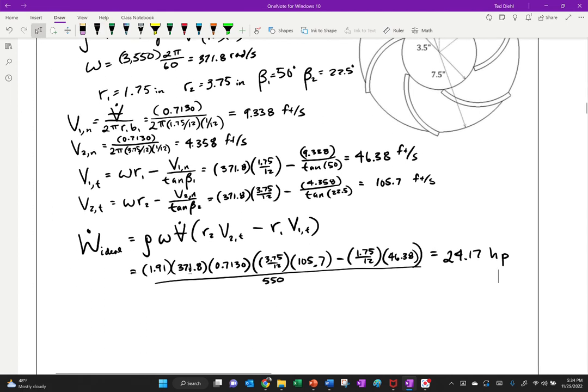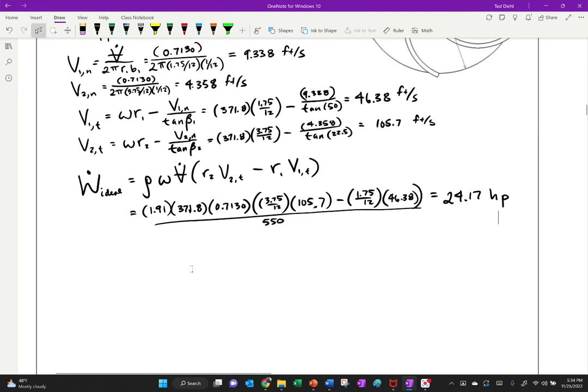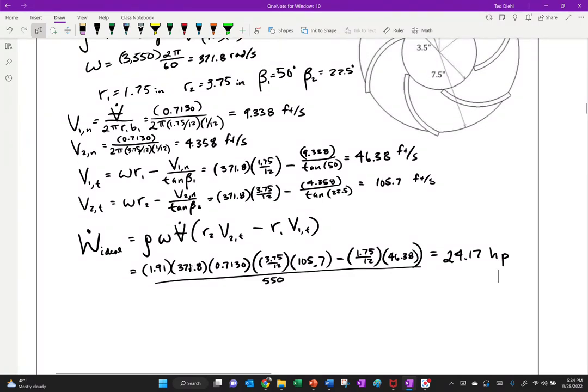And as we often want to do, we also want to find the head. We can do all of the same stuff. I went ahead and wrote it all out, but we could just divide that by the specific weight and the volumetric flow rate.